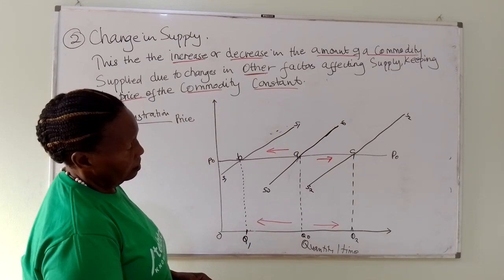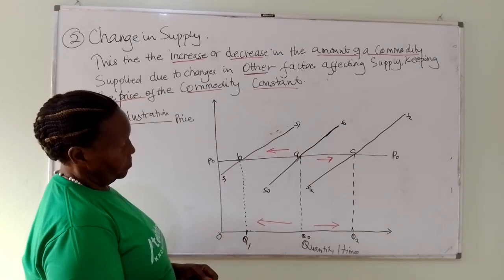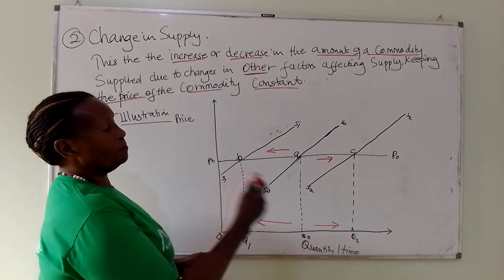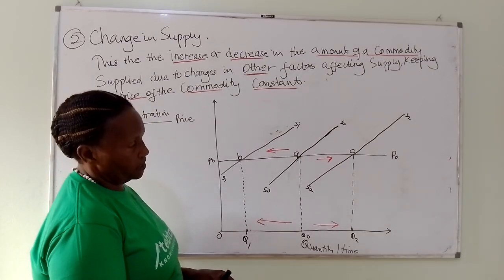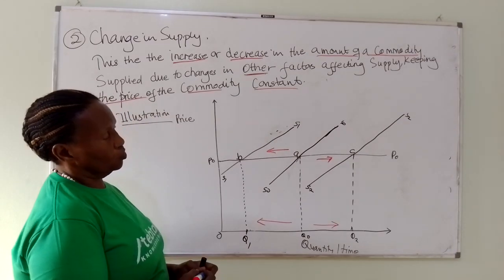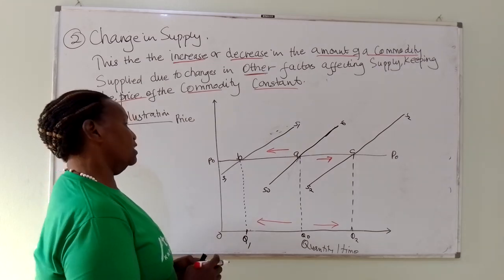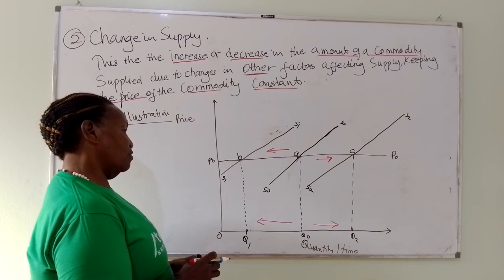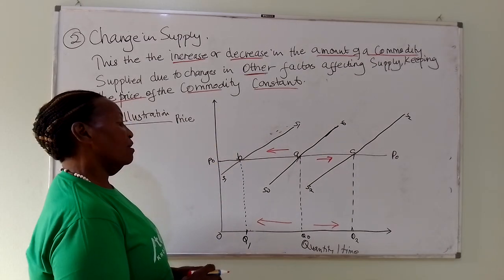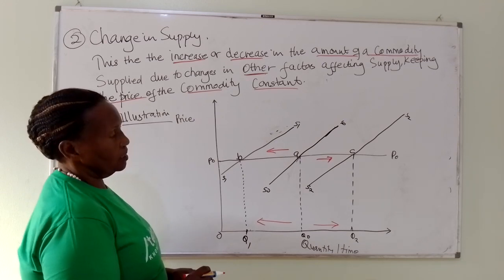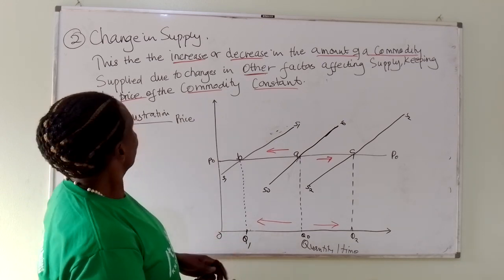Maybe the climate has been favorable, and because of the favorable climate, they are able to supply more amounts of that commodity, but it's not the price that is impelling them to supply more. So all those other factors we noted that influence supply are now in play here to determine an increase in the supply of a commodity.